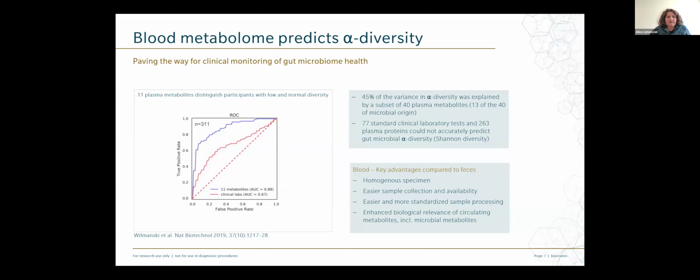And what they found is that 45% of the variance in this alpha diversity could be explained by a subset of 20 metabolites that were measured in the blood plasma. So that's a huge part of the variance of the alpha diversity.